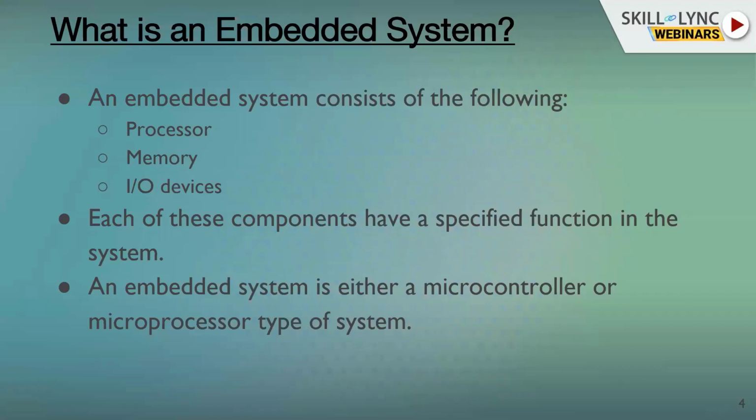Every component inside the embedded system will have its own specific purpose, right? And most of the times you'll find that these embedded systems have some kind of a microcontroller architecture inside of them, right?